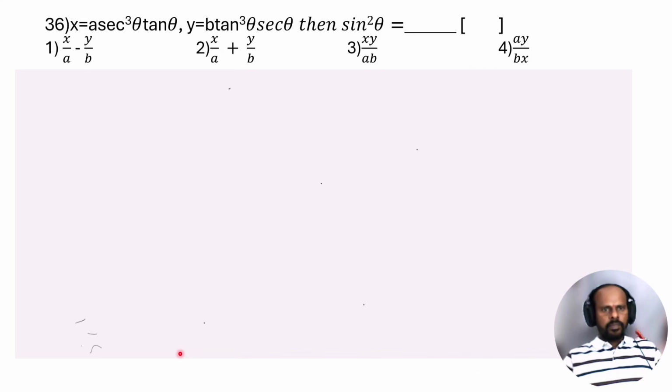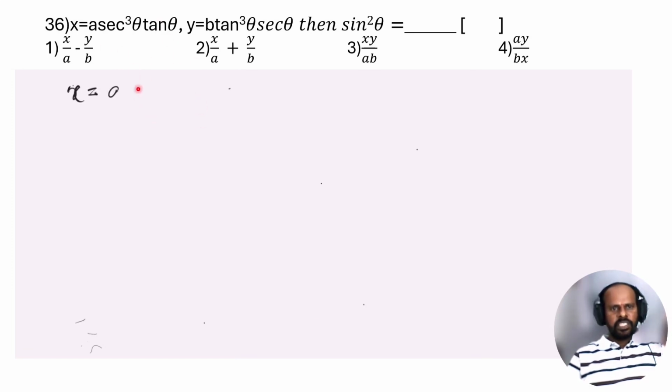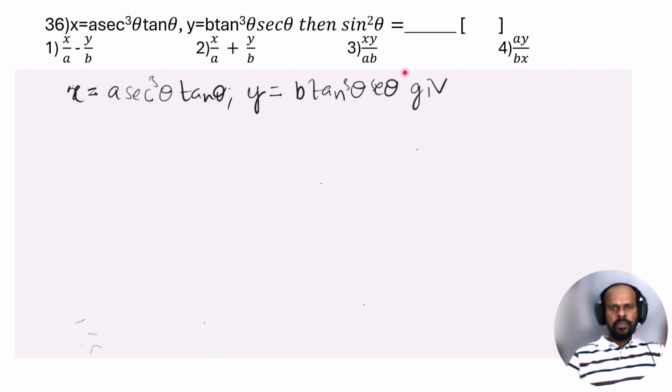So here x equals, what condition is given, you know, a sec cube theta tan theta, and y equals b tan cube theta sec theta, given. So in all the questions, if you observe, each is a dividing quantity, first one, second one, third one, fourth one.